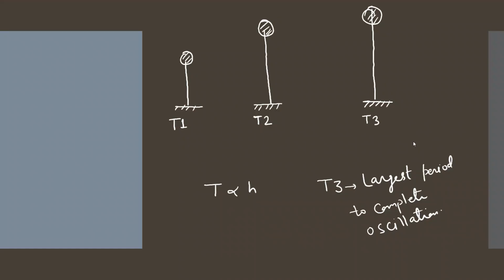Here we have designated structures A, B and C, three structures we have considered. Their heights are h1, h2, and h3. h3 is the largest, so we can say that T3 would have the largest period. It will take the largest time to complete one oscillation, meaning it will go to this side, then come back and go to the other side, then come back.